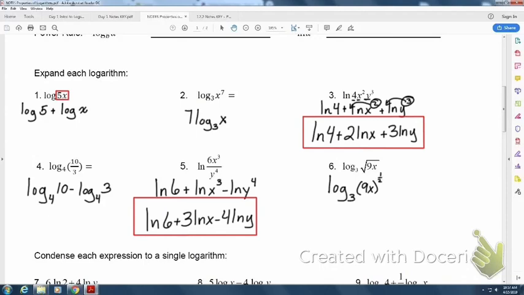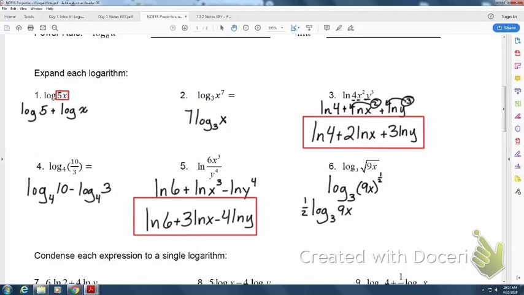Okay, so now this is a little bit different than all the other exponents that we've had, because on all the other exponents, like number 5, and then even number 3, there weren't parentheses around it. So if there's parentheses, the first thing I need to do is that power property. So I'm going to take that 1/2 and I'm going to write it in front of the log. So I've got 1/2 log base 3 of 9x.